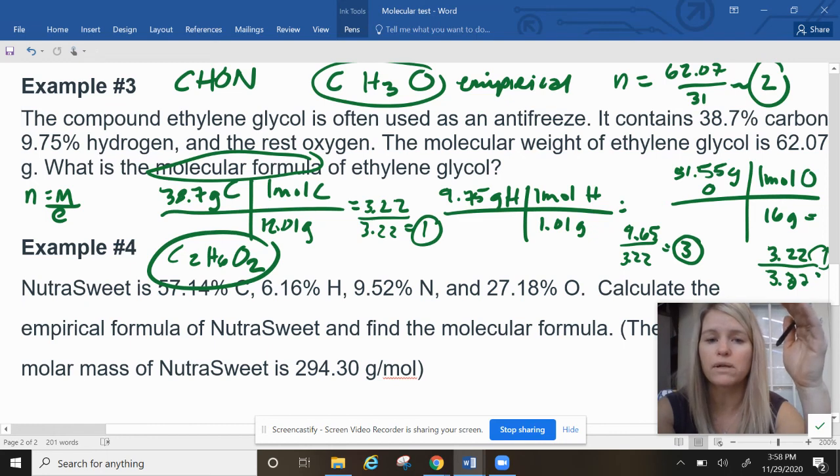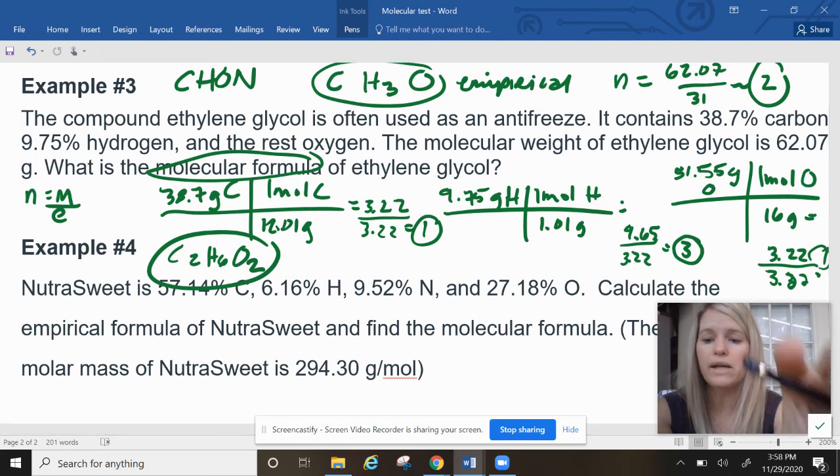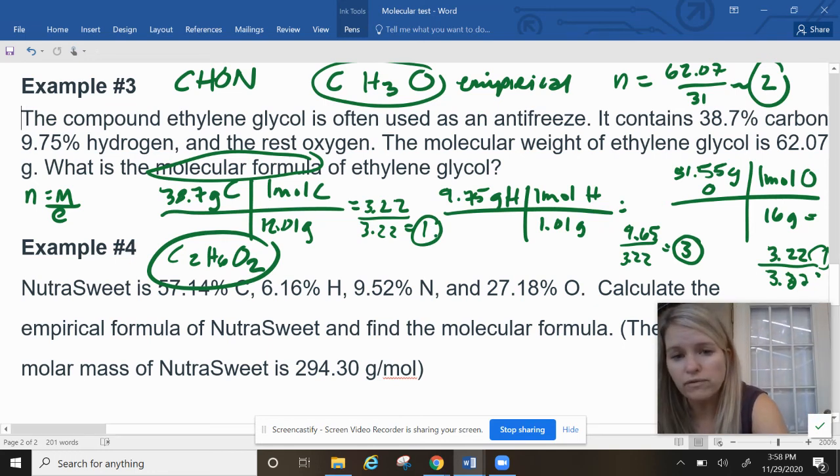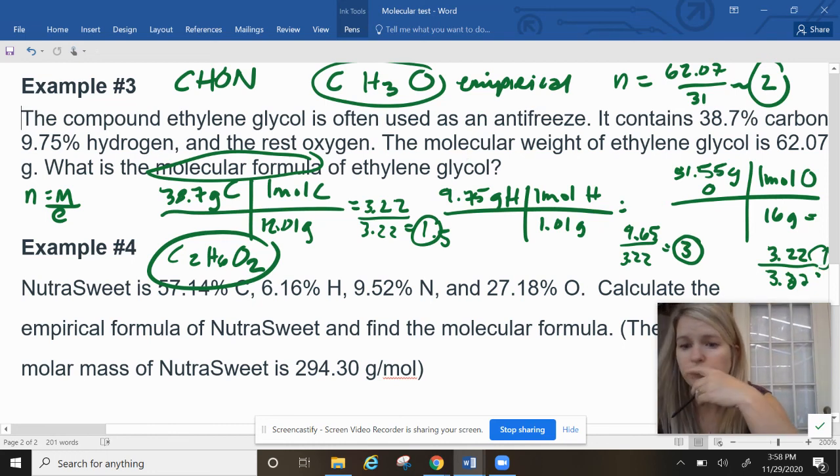When you divide to get how many there should be, if it's not really close to a whole number, like if it's a half, like 1.5, then you have to multiply all of these subscripts by 2. Let's say this was 1.5, just as an example. So this would become 3, this would become 6, and this would become 2.